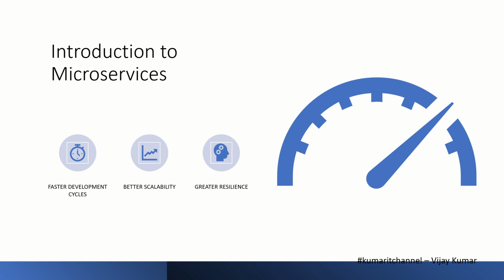They allow for a faster development cycle as individual microservices can be developed and deployed independently without affecting the rest of the application, right? If you look at the traditional approach, we need to deploy the complete application, whereas in microservices, it can be developed and deployed independently without affecting the rest of the application.